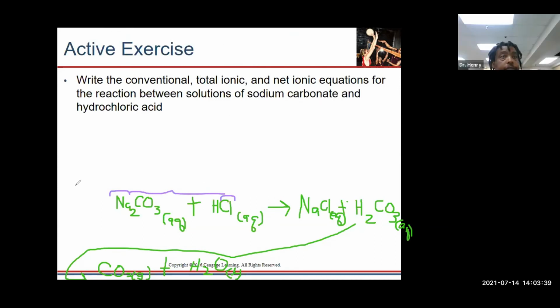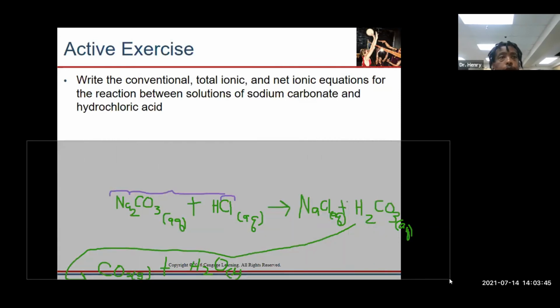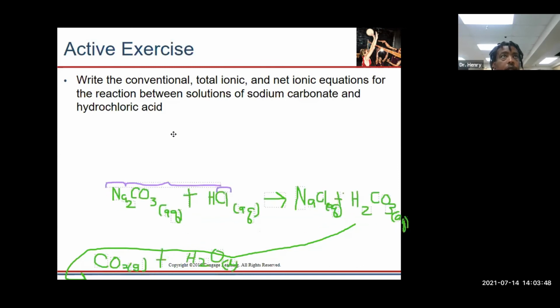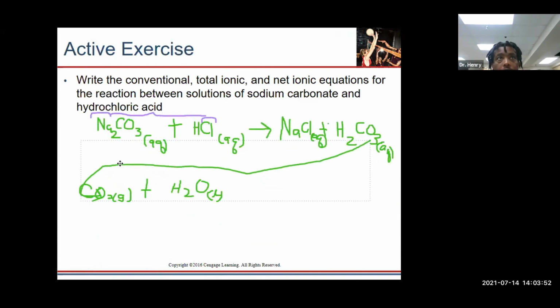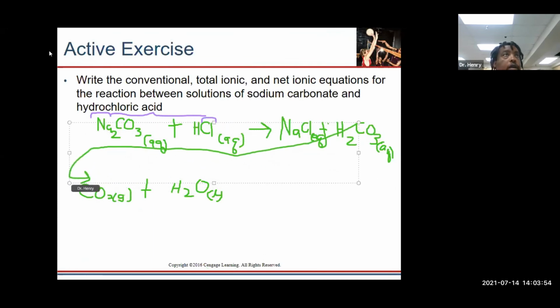So let's bring this back up. If we're writing our final conventional equation, let me fix this up. Let me put it in a different color. Put it in blue.